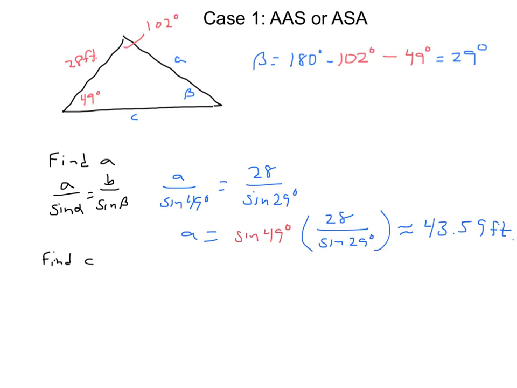So if you're already in degree mode, or you use the degree symbol, and you didn't get the right answer, more than likely it came from right there. So go ahead, pause the video, make sure that you get 43.59, and when you come back, we'll talk about what you need to do from that point forward.